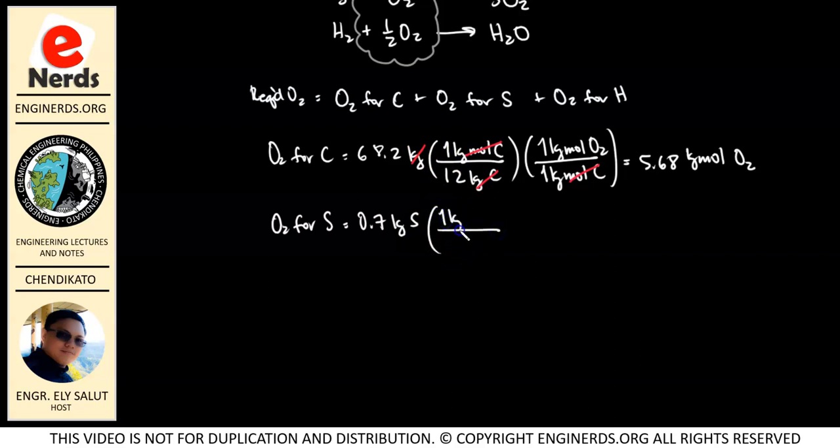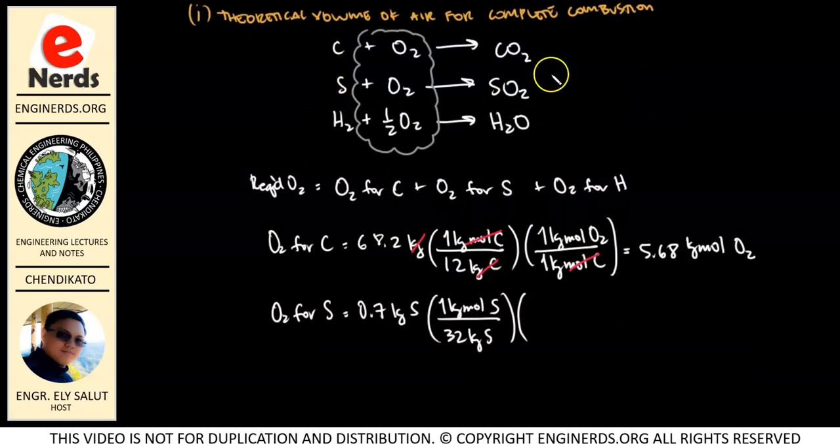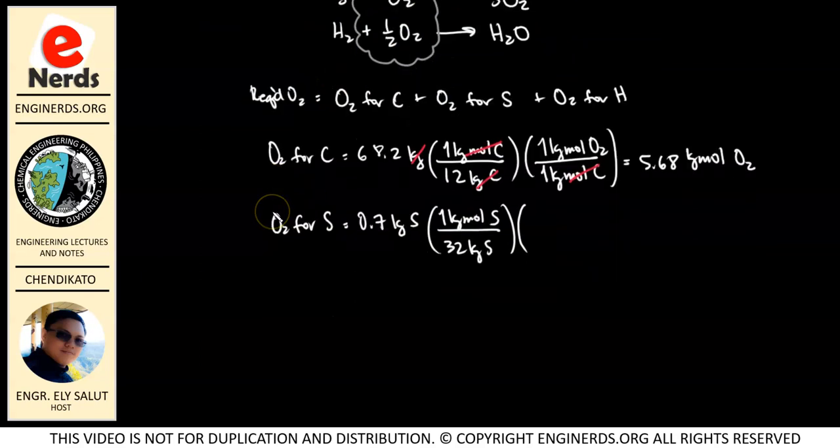So, in 1 kilogram mole of sulfur, we have 32 kilogram of sulfur. So, para makuha natin yung oxygen requirement, titignan natin sa kanyang reaction. So, 1:1 lang ang ating sulfur to O2, no? So, for every 1 kilogram mole of sulfur, we have 1 kilogram mole of O2.